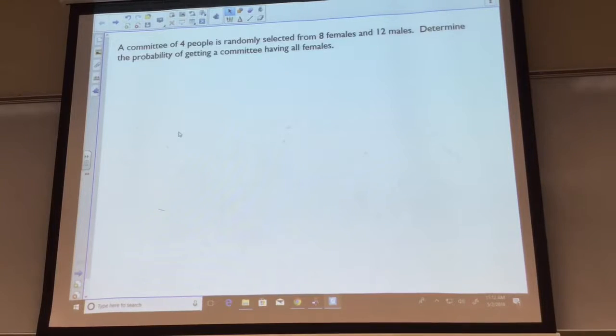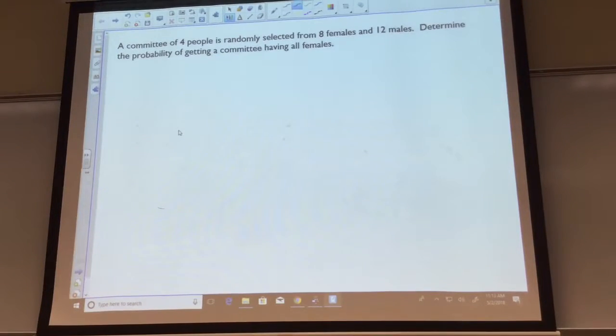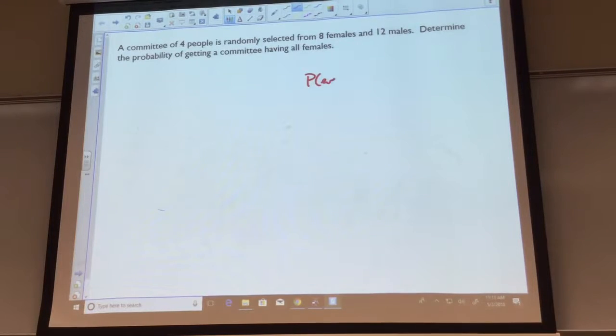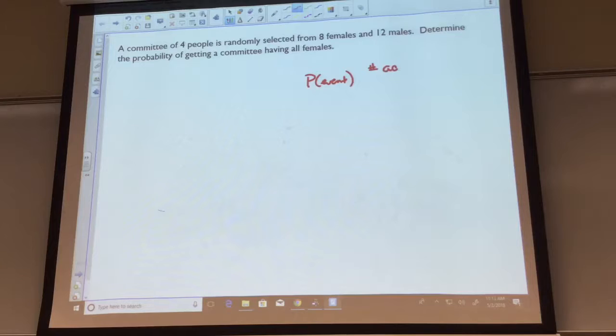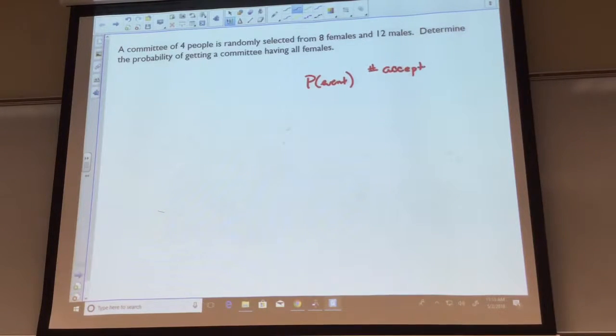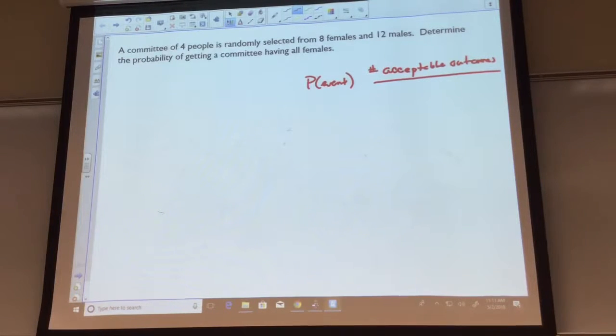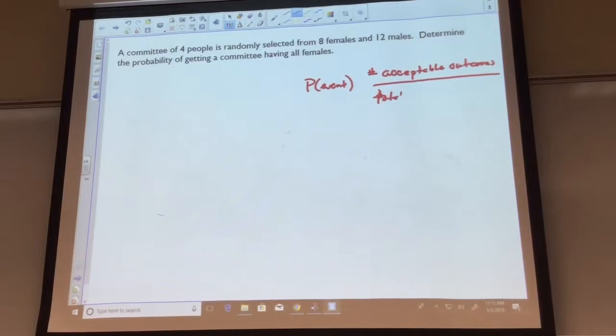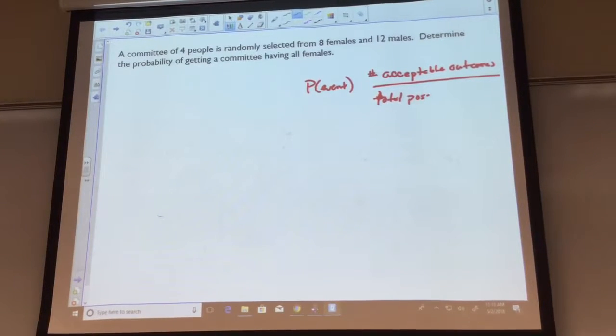So just for curiosity's sake, remember that probability of an event talks about the number of acceptable outcomes of that event compared to the total number of possible outcomes.